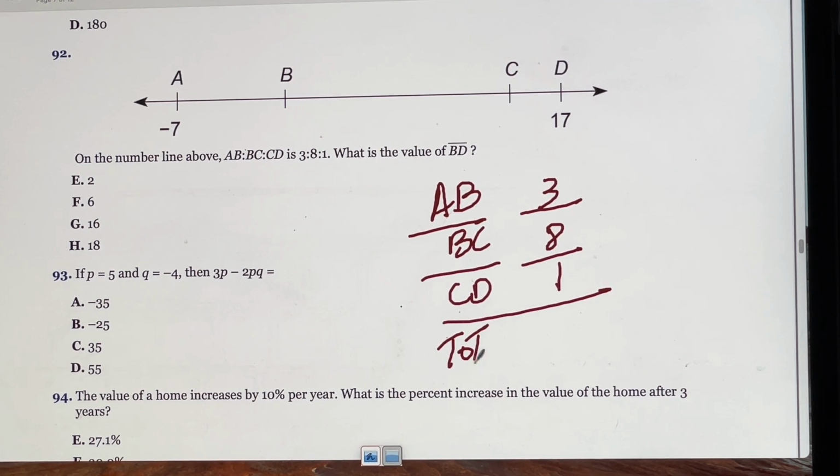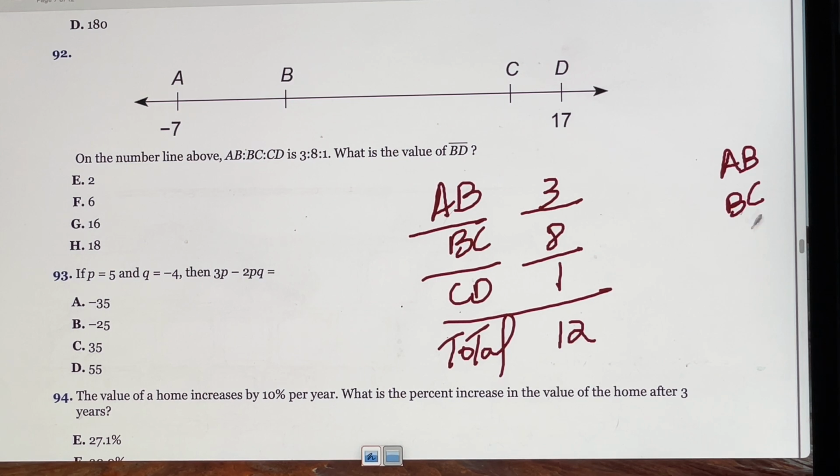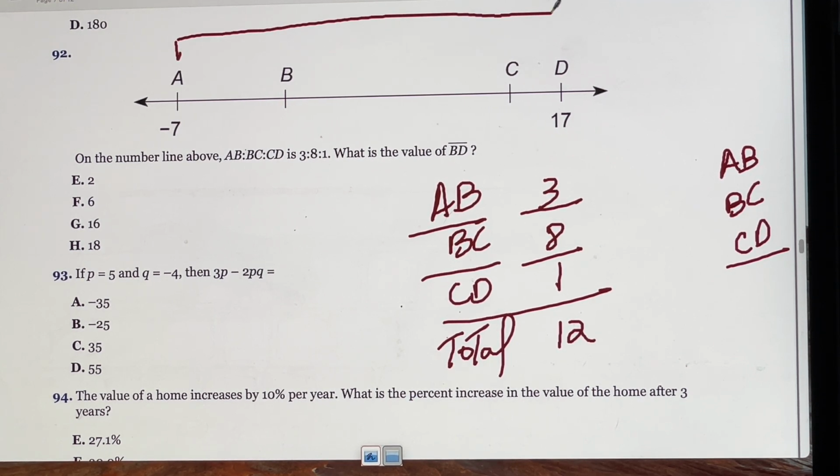We can add one more, and this is where it might help. That's the ratio, right? So the total here is 3 plus 8 plus 1, and that gives me 12. We want the value of BD, so BC plus CD. That's the ratio, but what's the actual distance from A to D?